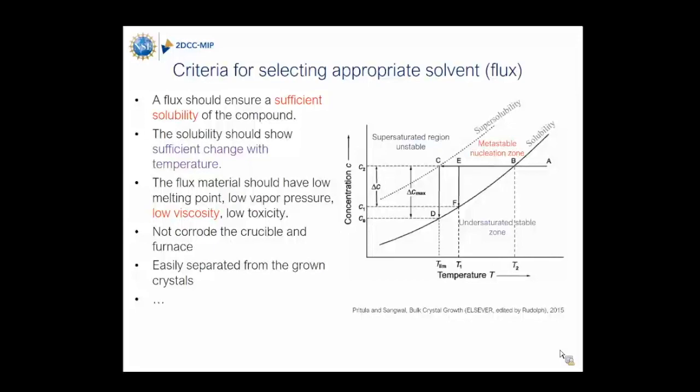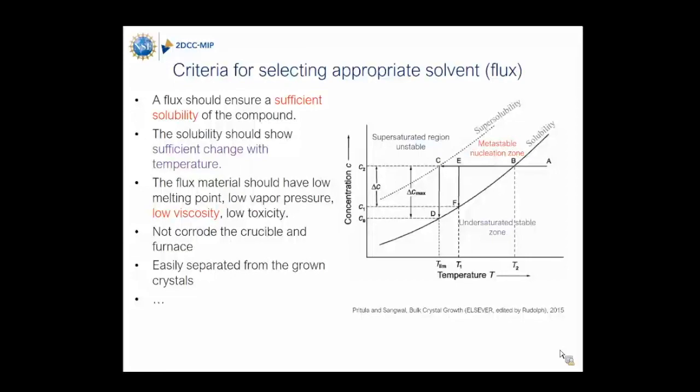And also lower viscosity. If the solution has a high viscosity, that disfavors the formation of high quality crystal, because high viscosity could cause roughness at the interface between the liquid and the nucleated particle.